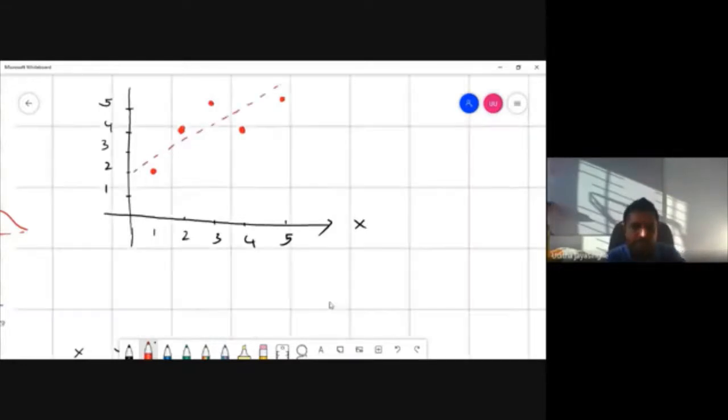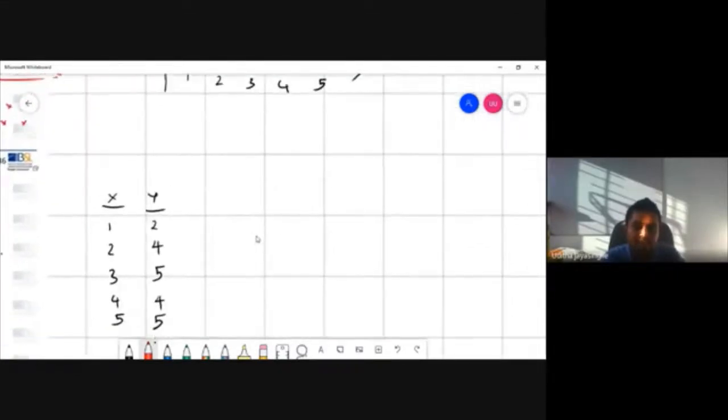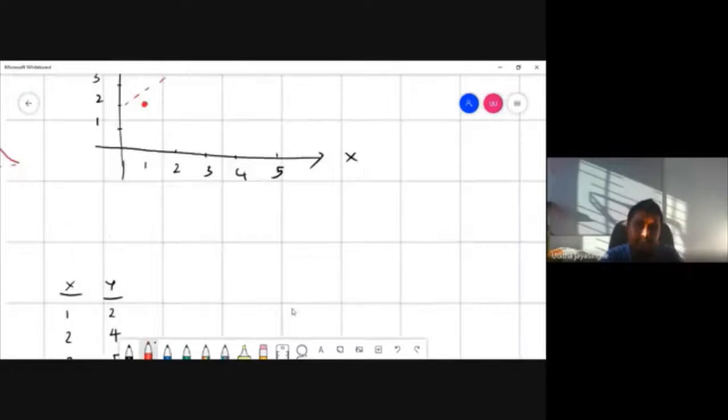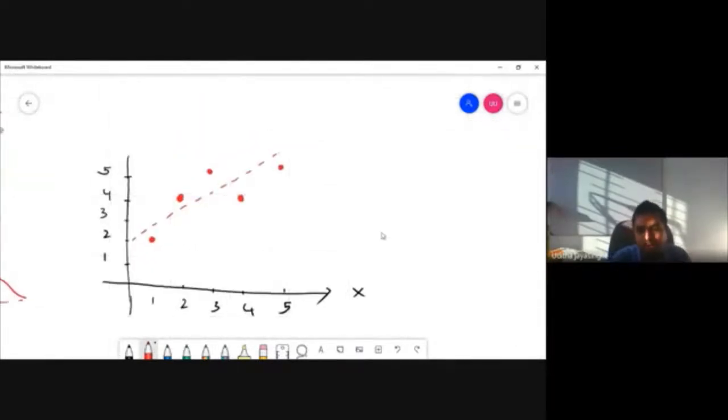Okay. What do we know so far? We know the fact that this line is going to come in the form of y equals alpha plus beta x, plus there may be epsilon, there may be an error term, but once we are done with the formation, we can omit the error term. Why?